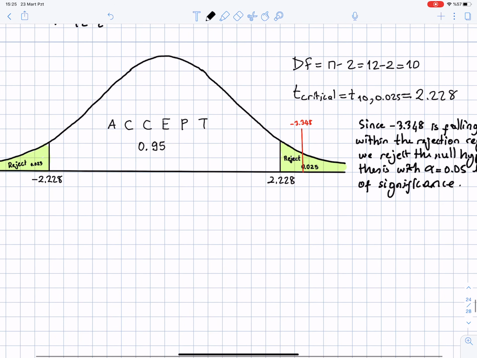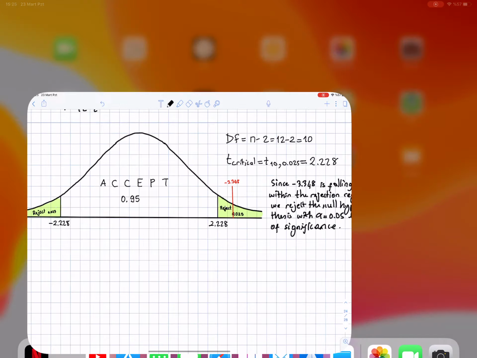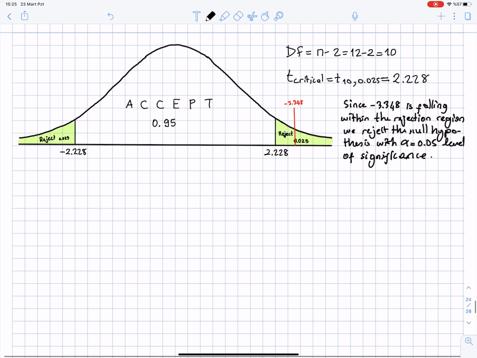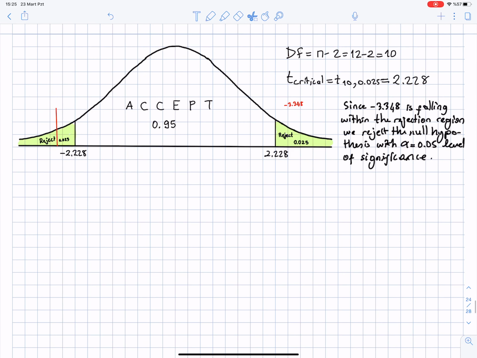You can also construct the confidence interval. I'm sorry, the calculated statistic should fall on the left hand side. I made a mistake. This is a negative value, so it should fall within the rejection region.